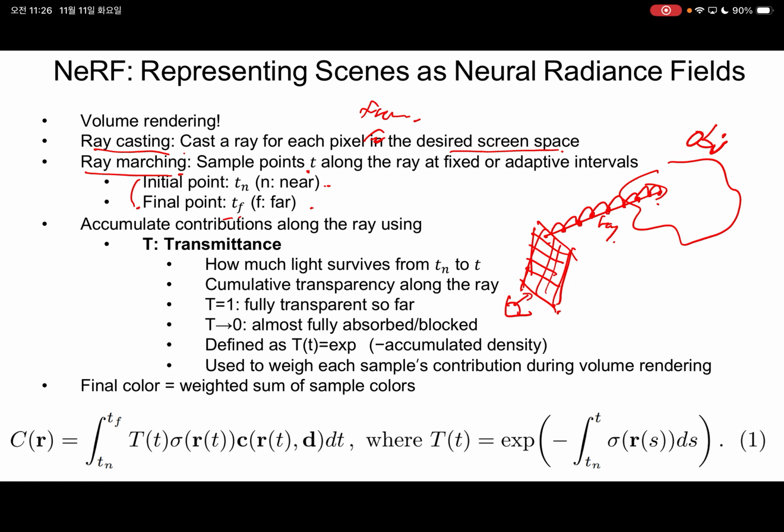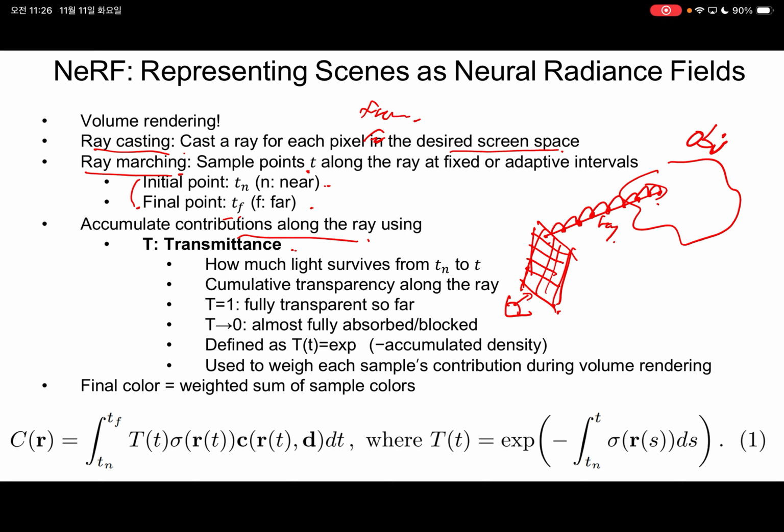So we cast a ray, do the ray marching, and accumulate contributions along the ray using transmittance. Transmittance means how much light survives from tn to t.